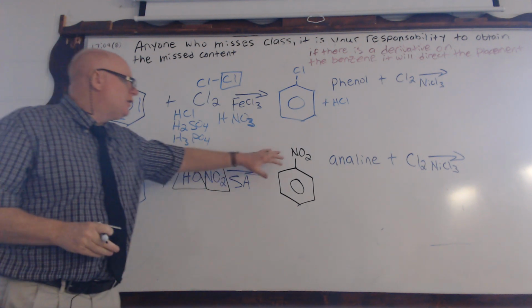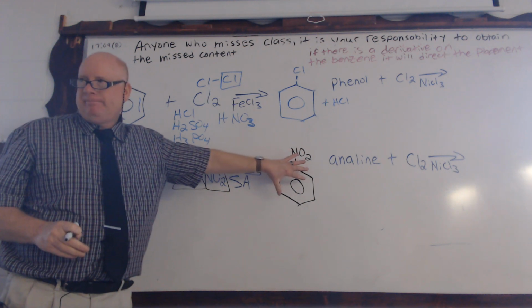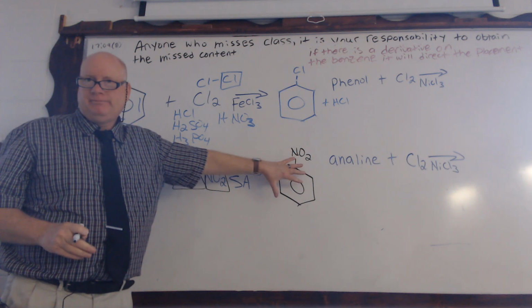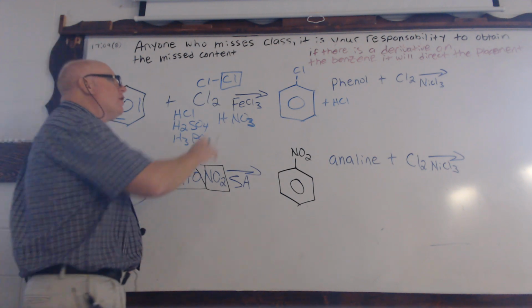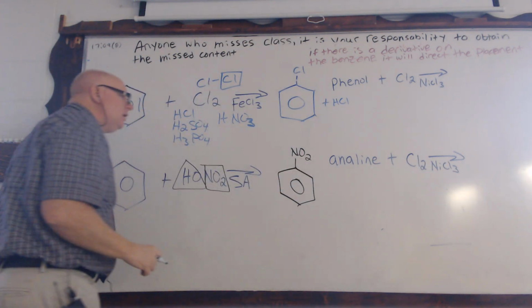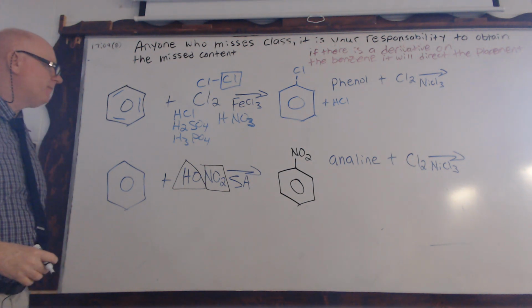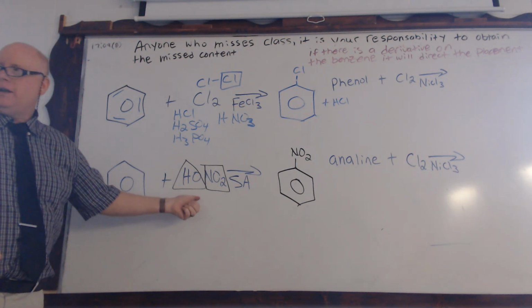so if this is a nitro group, which it is, what's this called? Nitrobenzene. Just like we chlorinated, we've got chlorobenzene, we've nitrated it now, and now we've got nitrobenzene. So do we have anything left on this side of the arrow?